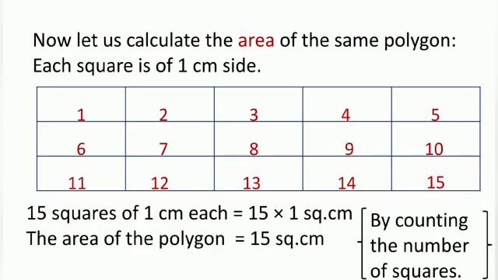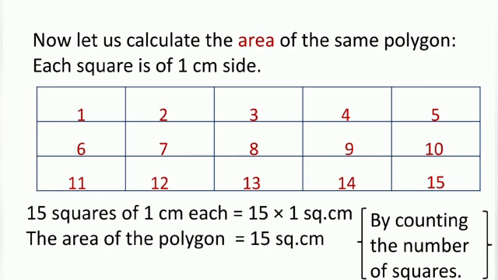Let us now calculate the area of the same rectangle having 5 centimeter as length and 3 centimeter as breadth. Each square is of 1 centimeter side. Area is the space occupied by a shape.